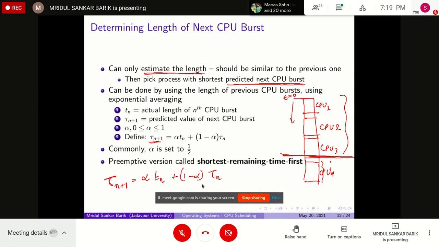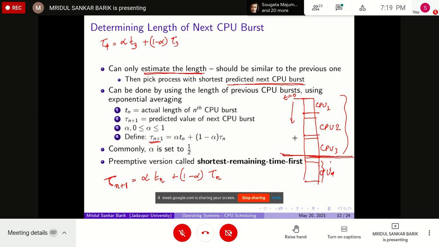So that means tau 4 would be equal to alpha times the actual length of the third CPU burst plus 1 minus alpha times the predicted length of the third CPU burst.